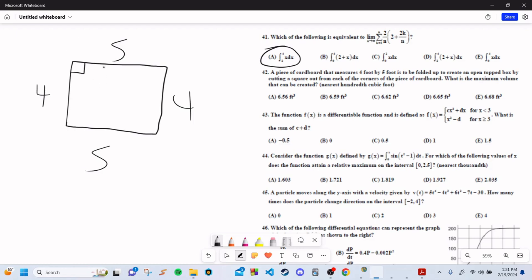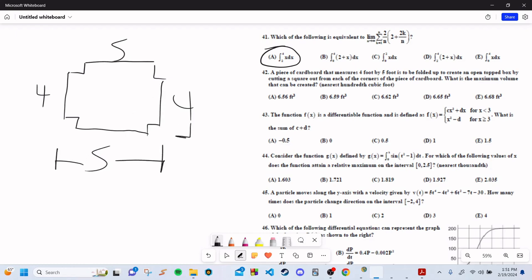So we're making a cut here, here, here, and here. So it looks something like this. Okay, then we're going to fold it up so it looks something like this.